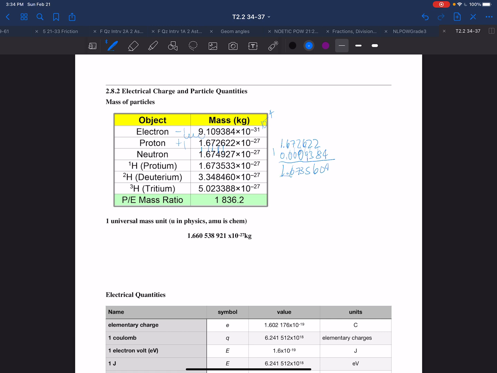And if we notice, 1.6735 is close to the mass of protium.